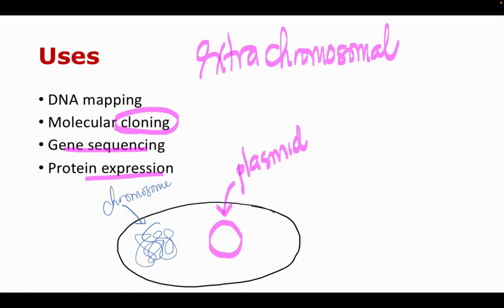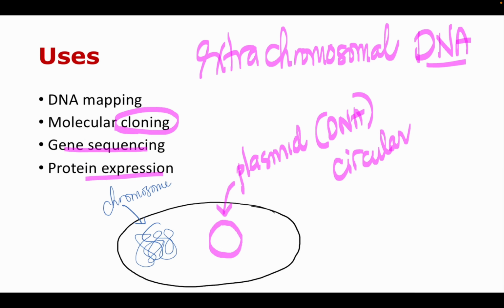Meaning to say, your plasmid is extrachromosomal DNA. Since we are talking about a bacterium, you have to take note that most of the time the plasmids of bacteria are circular. So plasmids are DNA and usually circular. That is one of the characteristics of the plasmid.